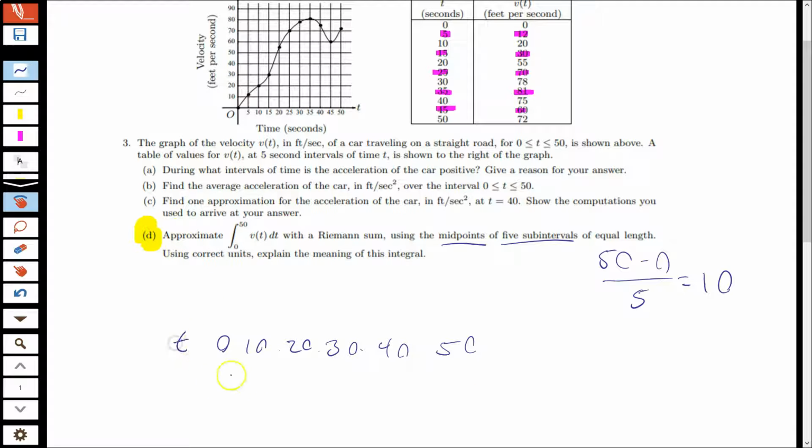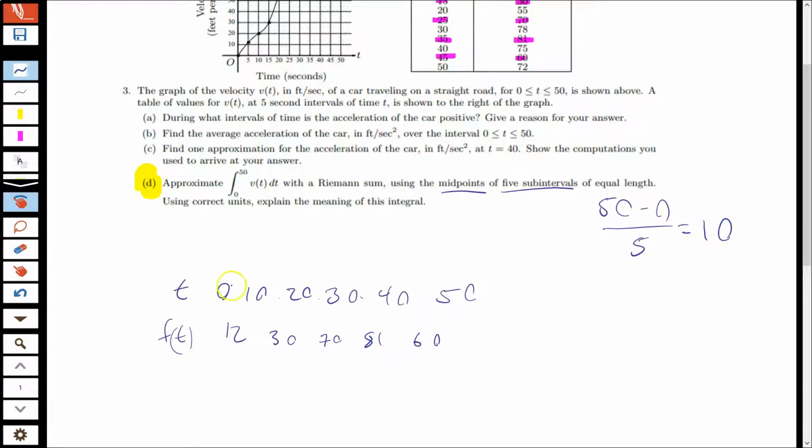So if these are t's, the v of t values we're going to use, I'm going to write them between, are going to be 12. There, 15 goes with 30, 25 goes with 70, 35 goes with 81, and 45 goes with 60. Okay, so those are our midpoints, and we can see where these fit in.